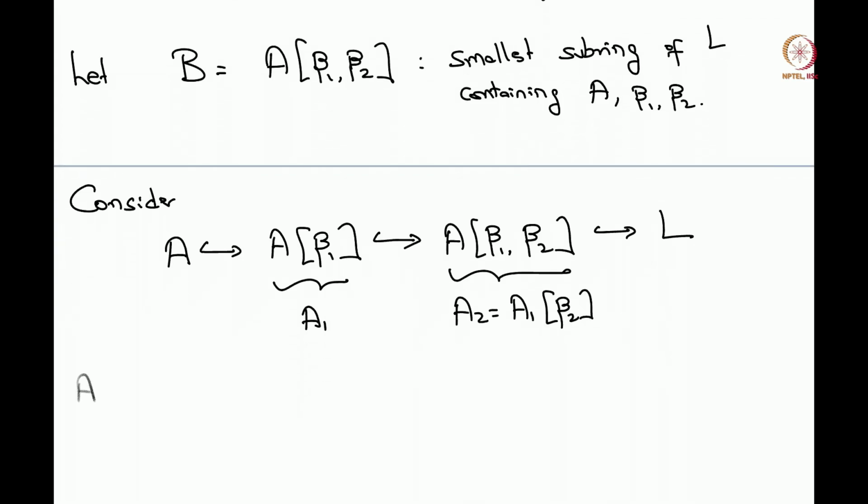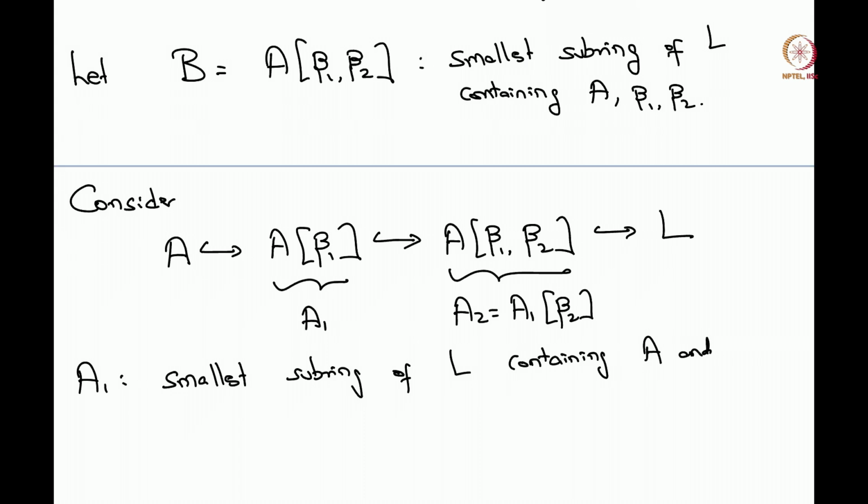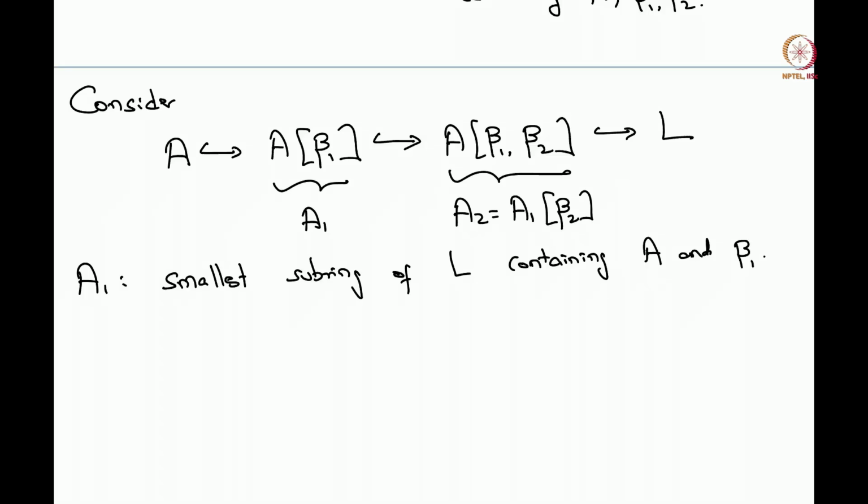And again, A1, just to recollect, is the smallest subring of L containing A and beta 1. Okay. So now what do we have? Since beta 2 is integral over A, it belongs to this OA, so it's integral by definition.